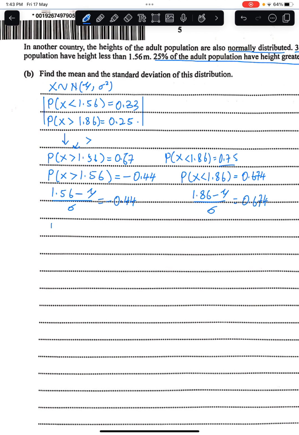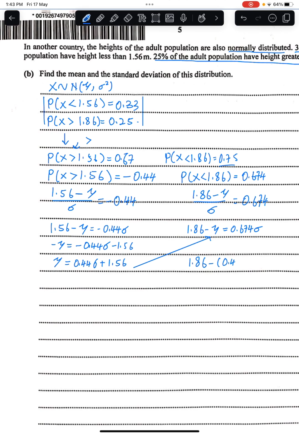So multiply sigma by both sides. Same goes for here. And then I'm going to make the mean the subject. Okay, I'm going to sub this here.